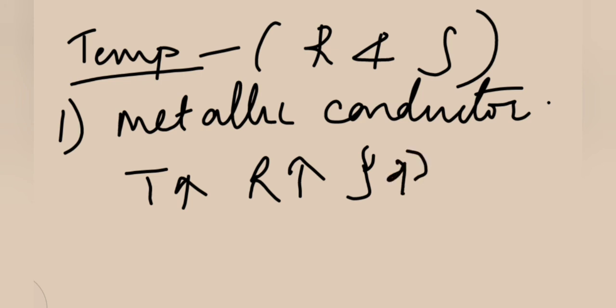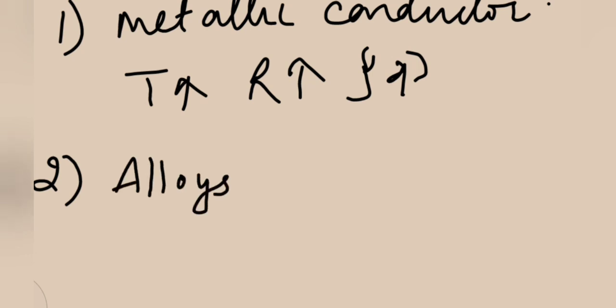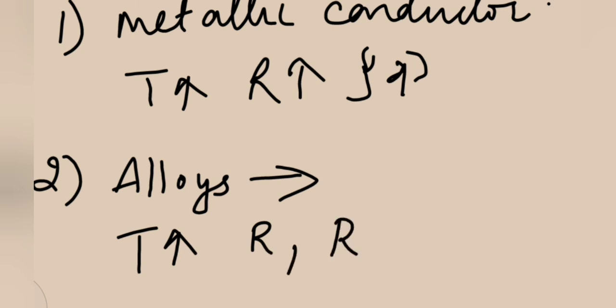Whereas in the case of alloys, that is the second category, not all alloys, but mainly certain alloys like constantan and manganin, the relation is that when temperature increases, the resistance and resistivity will not change much.